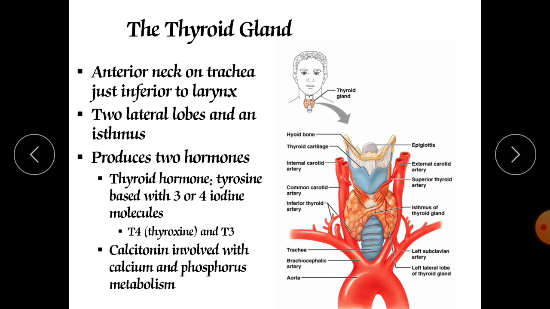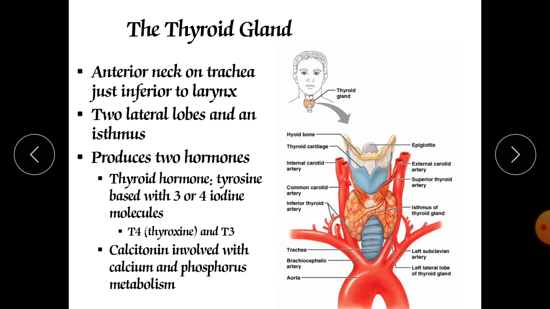Now, the microscopic spherical sacs are called thyroid follicles. These thyroid follicles contain the follicular cells. The thyroid gland releases two types of hormones, T3 and T4.